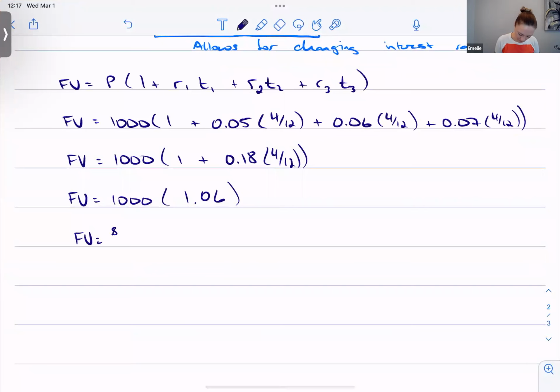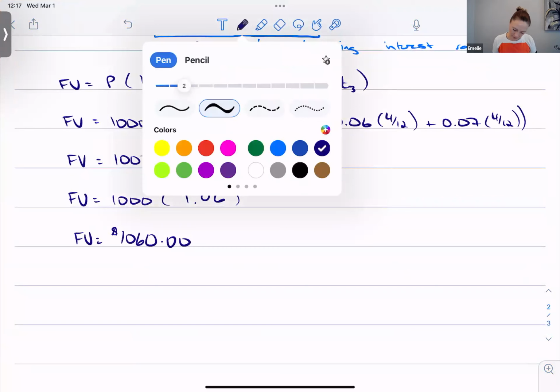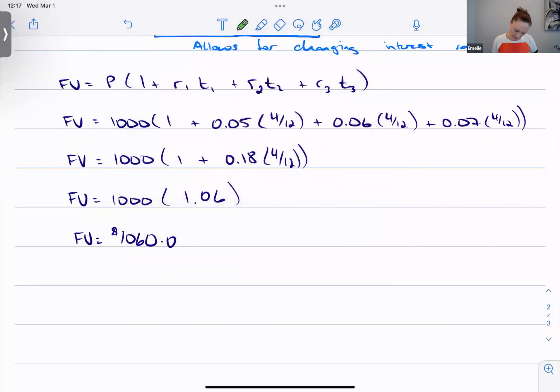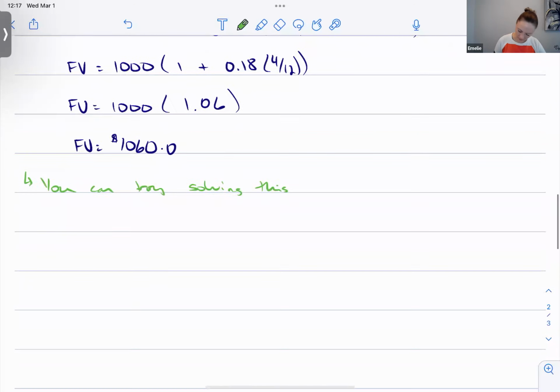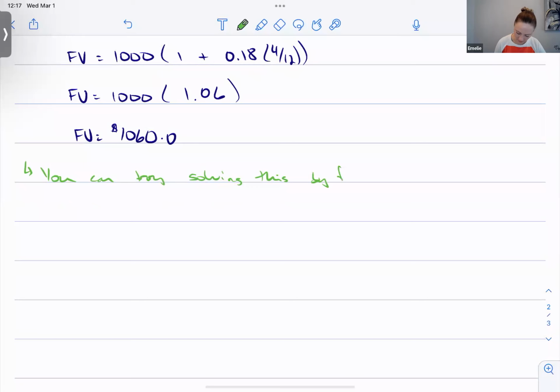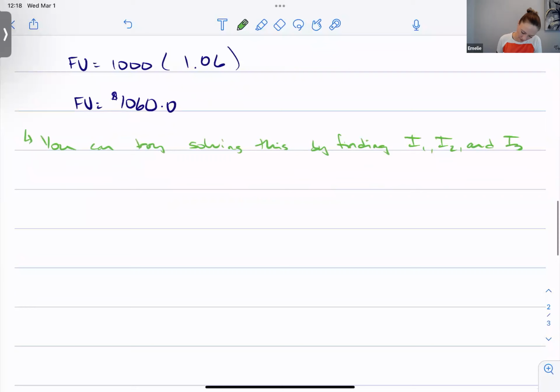So the future value is $1,060 even. Okay. So what I want you to do just on your own is try solving this the other way, by finding I1, I2, and I3 to confirm that you get the same answer.